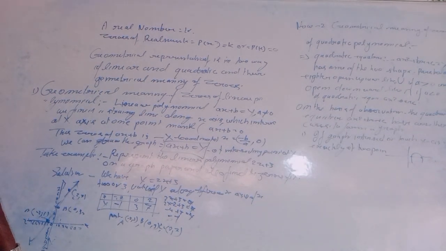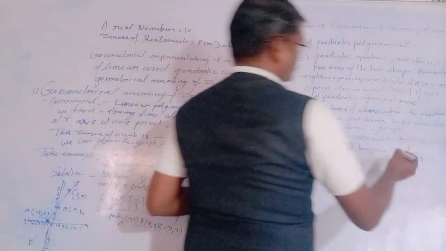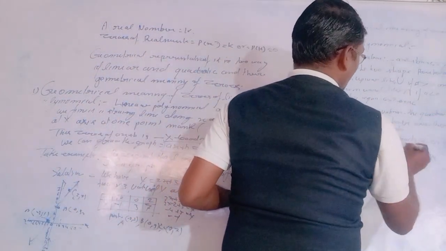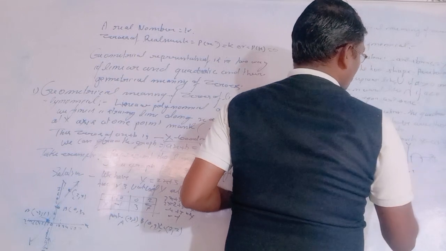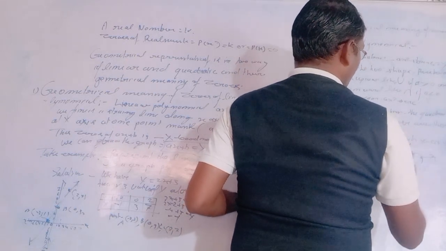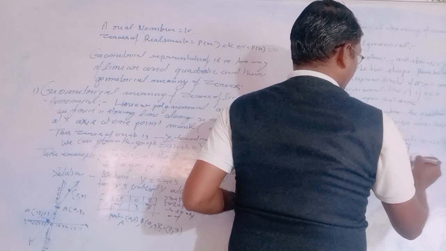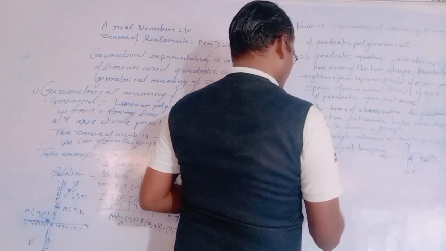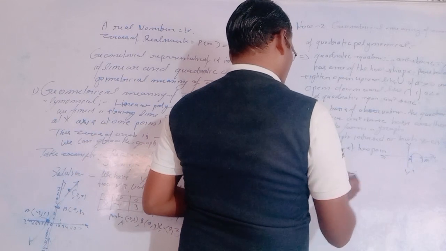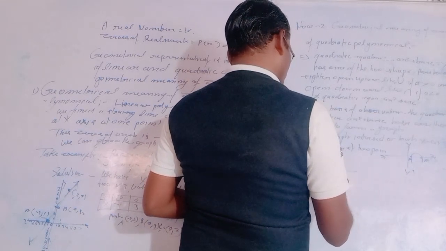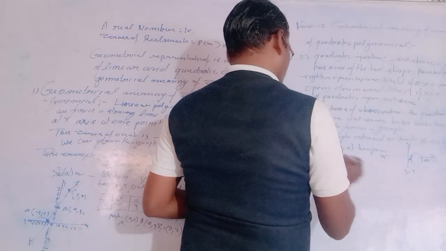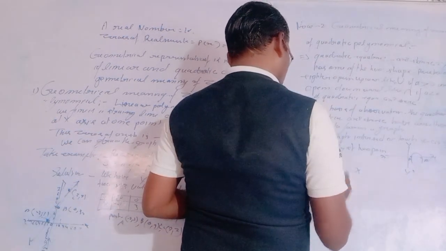So one is A dash and A dash, two conditions here, with x dash and y dash. Here are the two points A and A dash, and the second graph will also be like this in the upward direction. Here are the two points A dash, and x dash y dash.